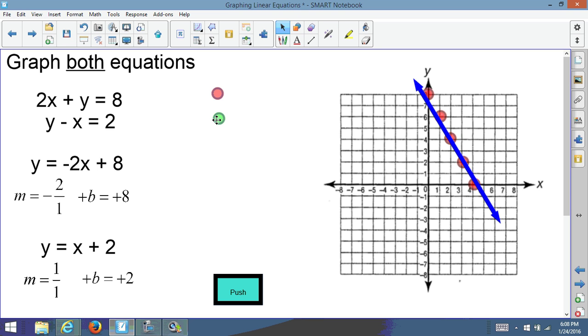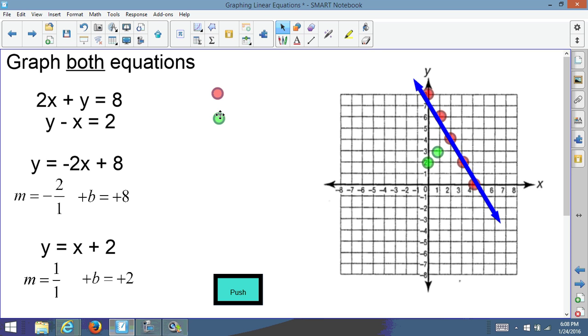So let me get a dot, and I use the green one this time, and go to positive 2. Put it right on the y-axis there. And now my slope tells me I go up 1 box and over to the right 1. So let's get the green dot and do that. So I go up 1, over 1.